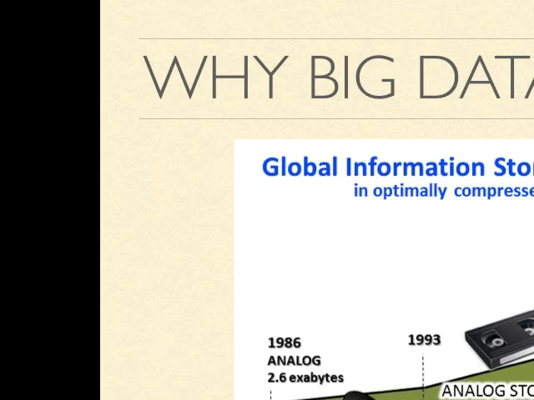Why big data? This is a classic graph which shows a study that some companies keep doing: how many hard disks are being sold, and based on that, they try to track how digital storage is expanding.